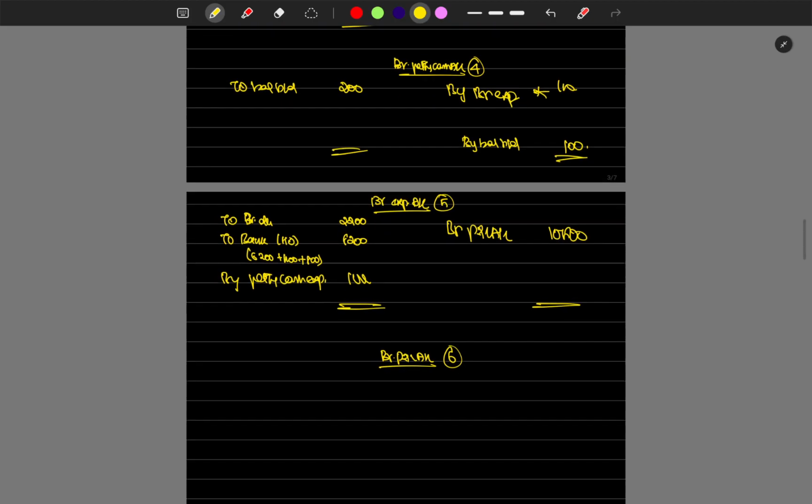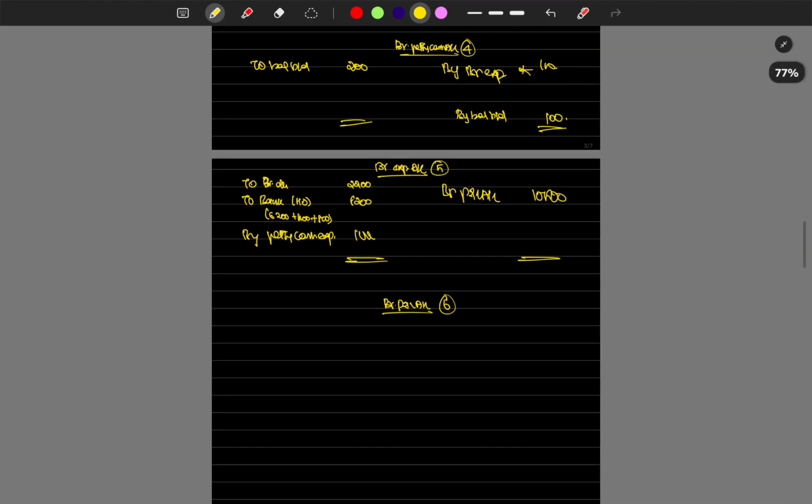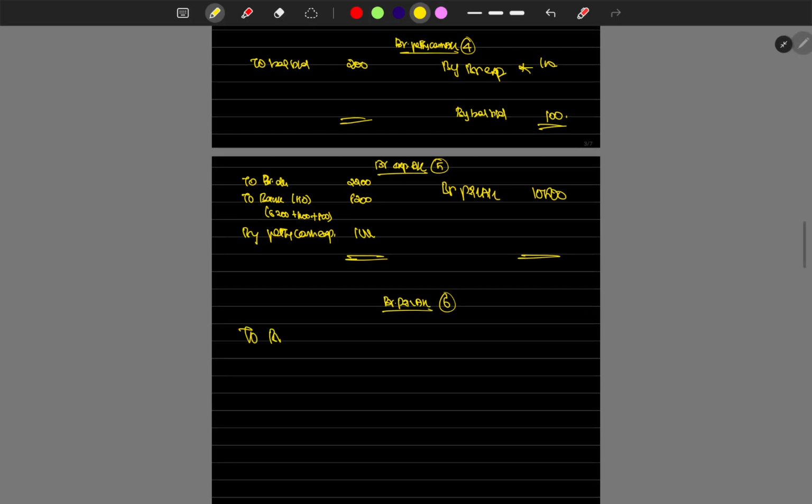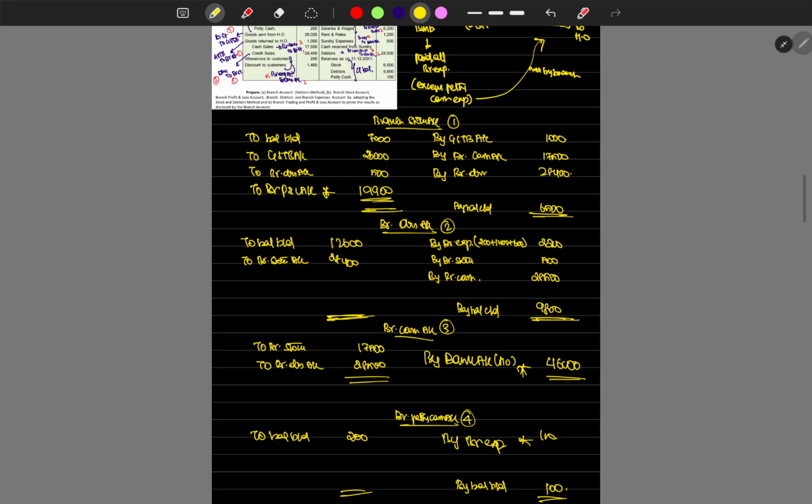Now we got the expenses and we also got the gross profit. Now to branch expenses, which is 10,500. What's the gross profit? By branch stock account, which is 19,900. See, we found that here.